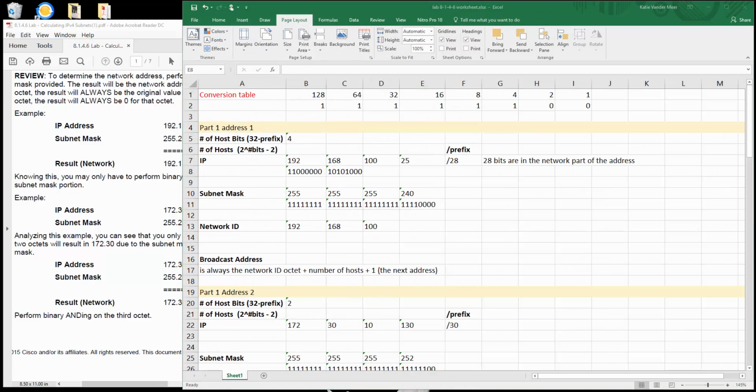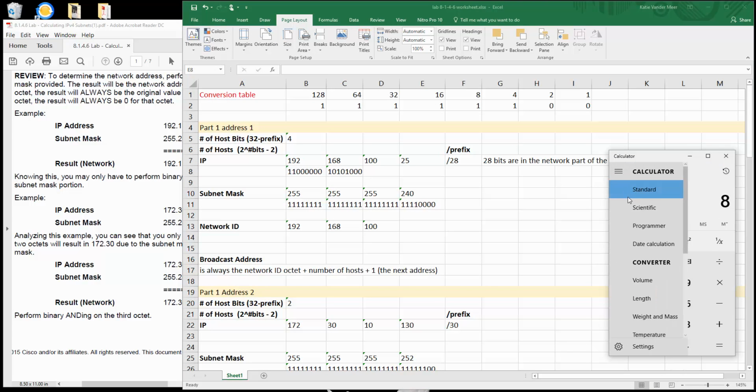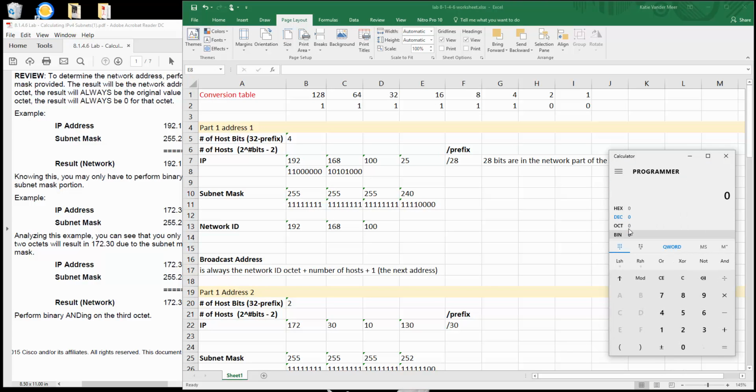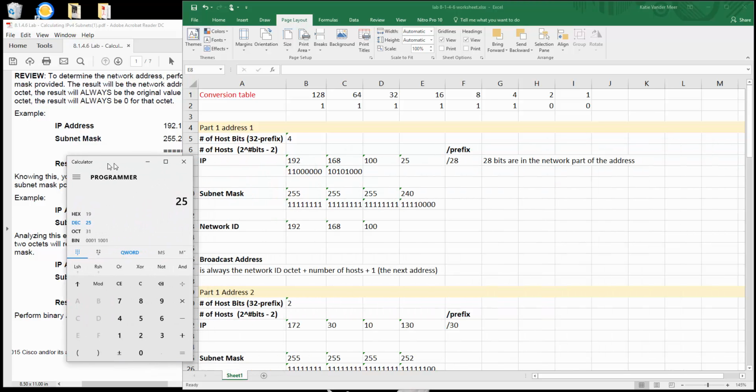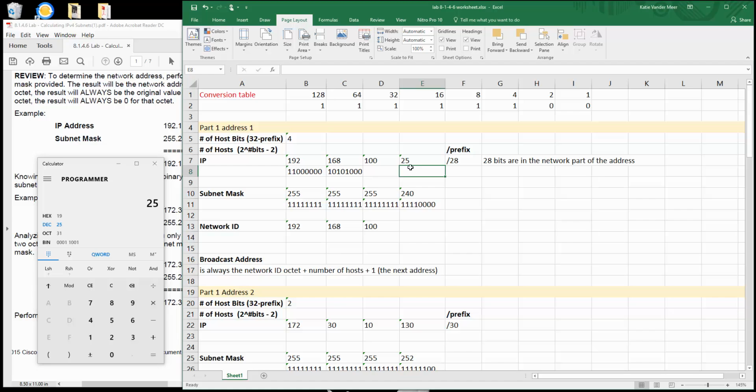Now, I'll show you how to use the calculator as well. I'm going to go to Programmer. I'm just going to hit 25, and then it shows me what the binary equivalent is right here. Let me move this over here so that I can plug that in. I could have done the math with my conversion table, but this is a little shorter.